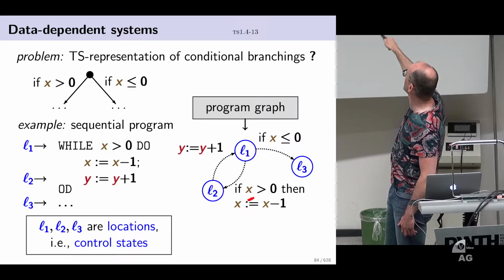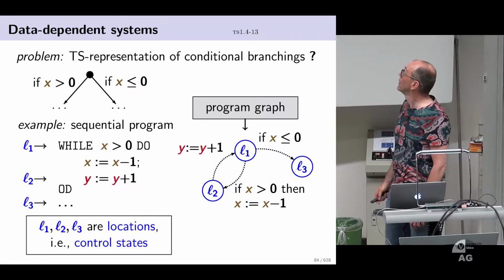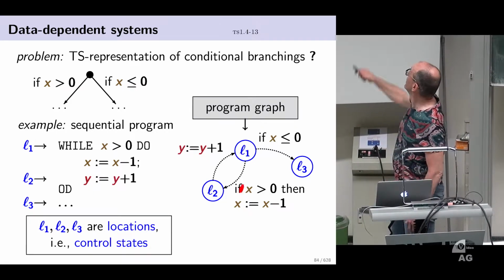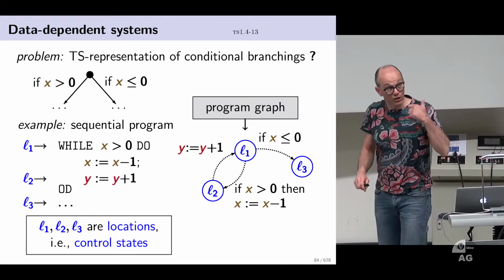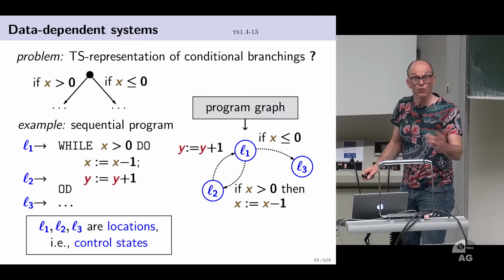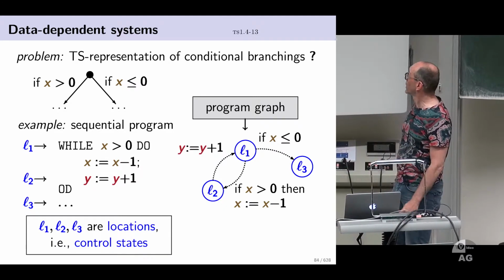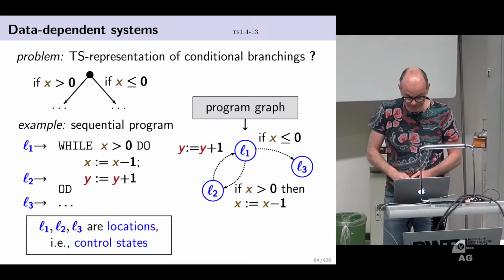So evaluating the guard and doing the first assignment is attached to an edge. Formally, an edge consists of a pair, namely a condition, which says x larger than 0, plus 1 or more actions. In my case, it's 1 action. The action says subtract 1 from x.